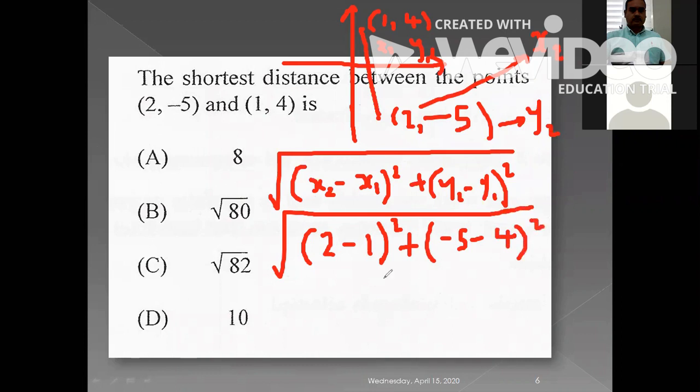Go ahead for me and tell me what the answer is. Any answers?